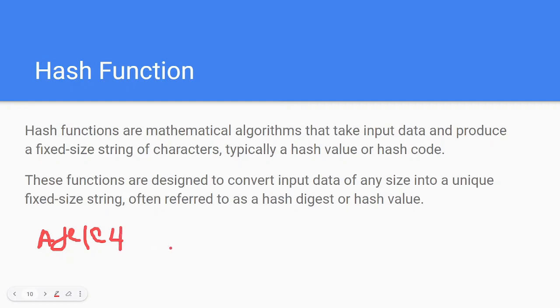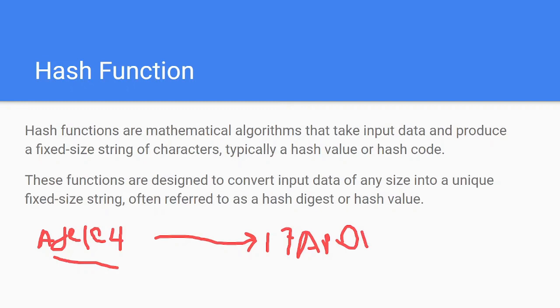A hash function is a mathematical algorithm that takes this input data and brings out a hash value of that data. So it might be 17A P O6. So this might be the hash value.